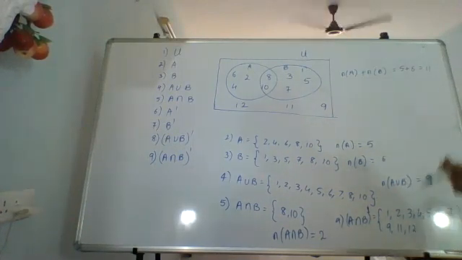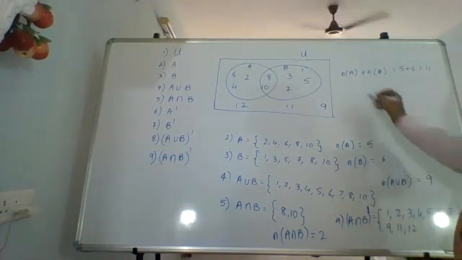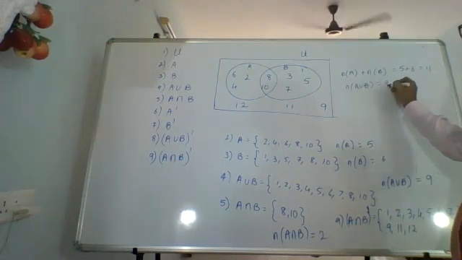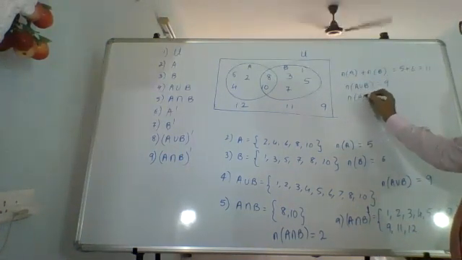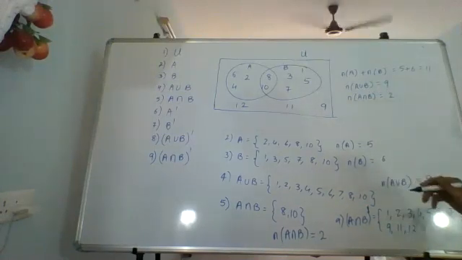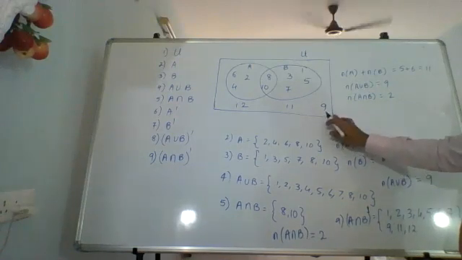Okay. And n of a union b, which is 9. N of a intersection b, which is 2. Okay. So from this, I derive a very important formula.